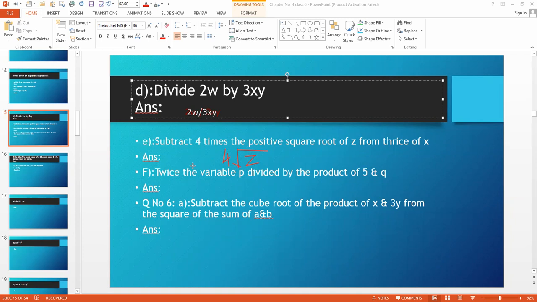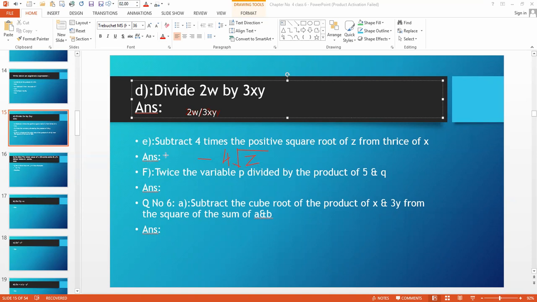Look here. Subtract. Subtract means here I have to put the sign of negative. Subtract 4 times the positive square root of z from thrice of x.